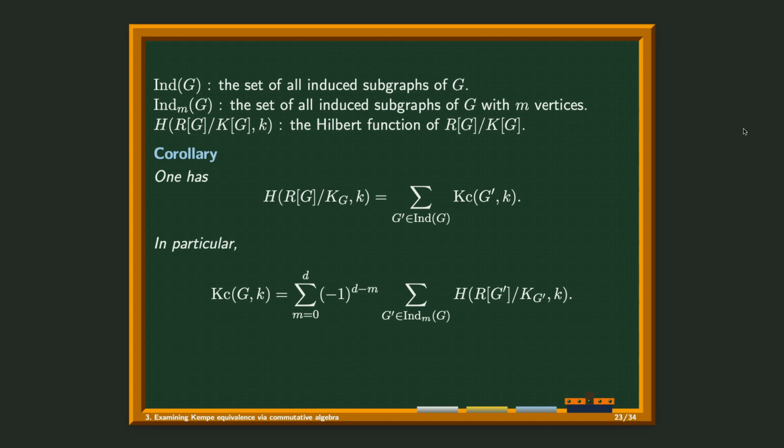On the other hand, the number of K-Kempe classes of G can be computed by Hilbert functions of this link for any induced subgraph. Okay.